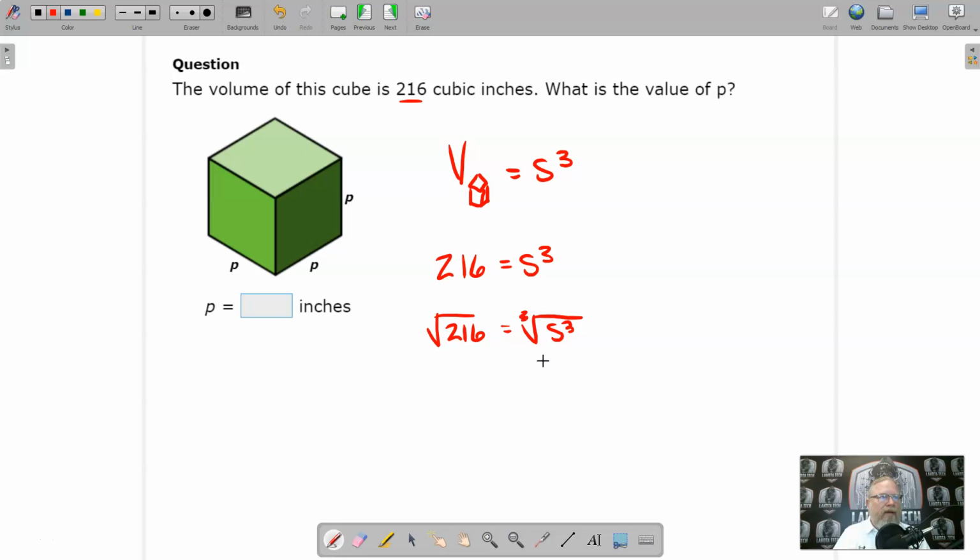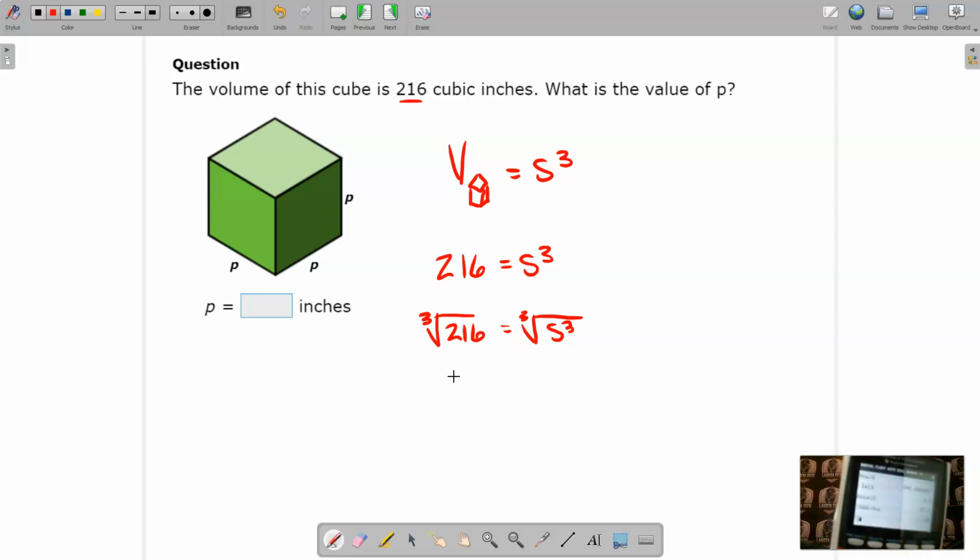Oh, and I need a 3 there, right? And I need a 3 here also. So they're cube roots, not square roots. So I'm going to have to go into my menu button on there. If you hit the math menu on your graphing calculator, the first menu that it pulls up is the math section. If you go down to number 4 on a TI-84, item number 4 is your cube roots.